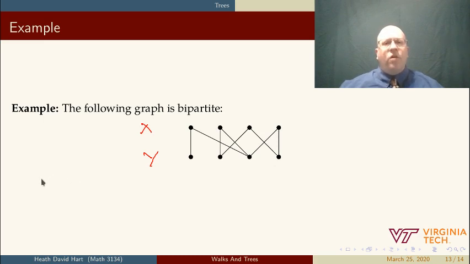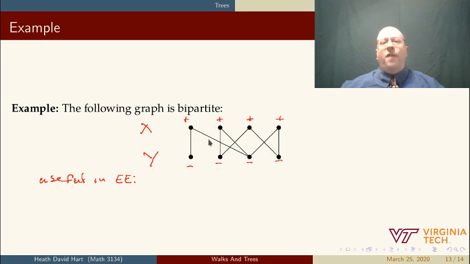Bipartite graphs are useful in electrical engineering, where the teams represent charges, like positive and negative charges, and you do not want a wire that connects two charges of the same type, for example.